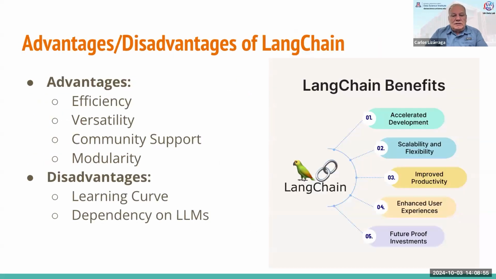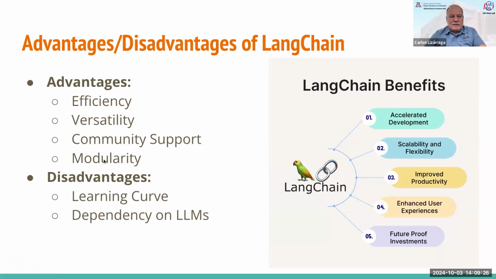Some advantages and disadvantages of Langchain. Well, Langchain in particular will accelerate our development. It's scalable and flexible, can improve our productivity, and can enhance the user experience, and also be a future-proof investment. The disadvantages will be it requires some learning curve, and also it will depend on which large language model we are using.